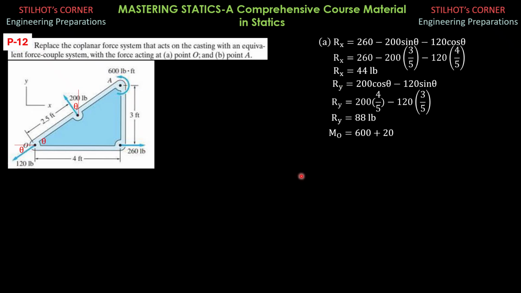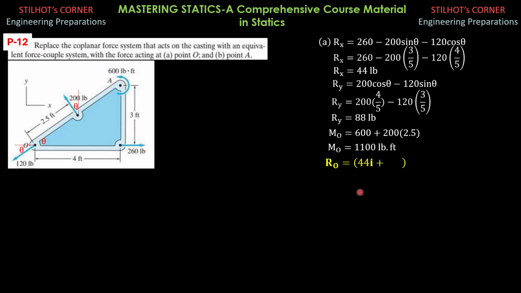So MO equals 600, which is counterclockwise, then plus 200 times half of the hypotenuse, 2.5. Then no more because this is just a force. So MO equals 1,100 pound-foot.